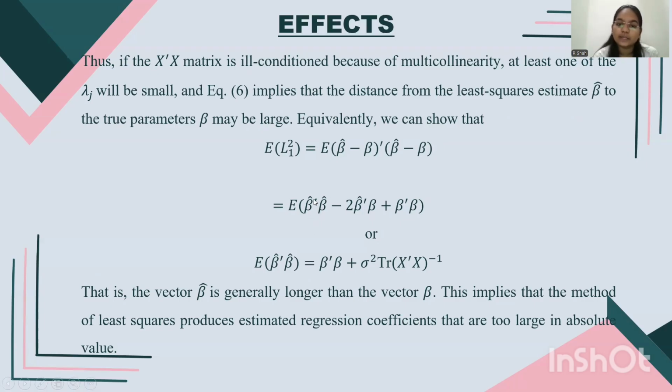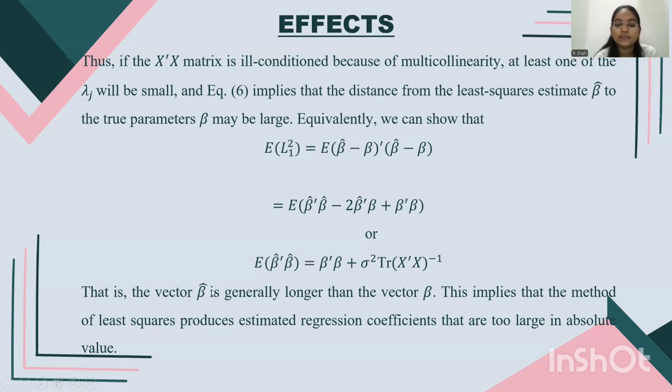So here it is beta dash cap beta cap minus 2 beta dash cap beta plus beta dash beta, or expectation of beta dash cap beta cap is equal to beta dash beta plus sigma square trace of X dash X inverse.